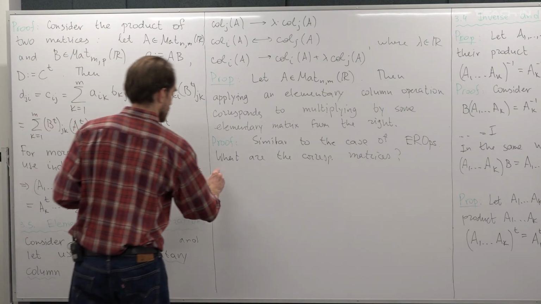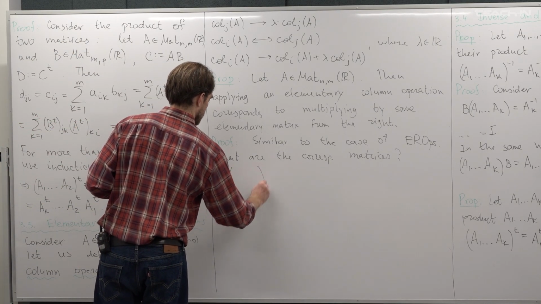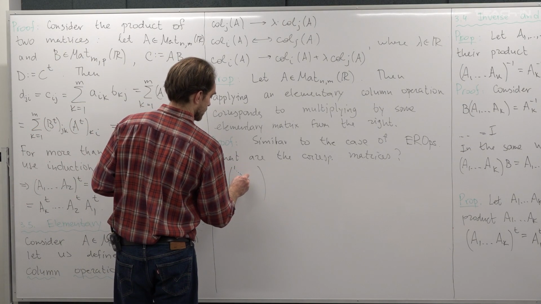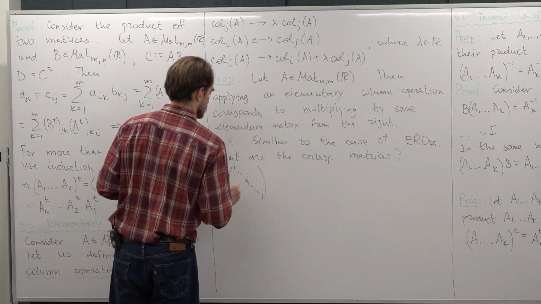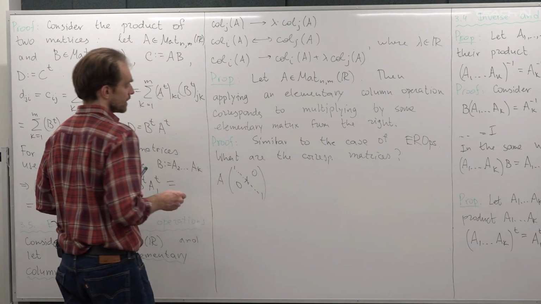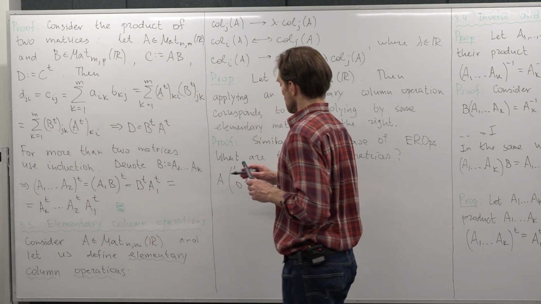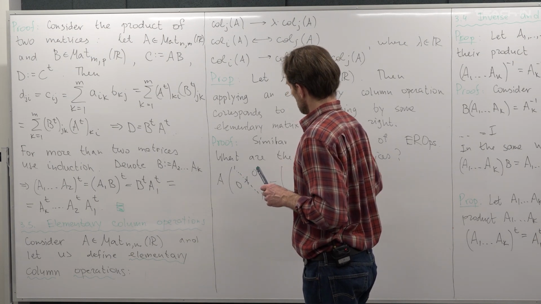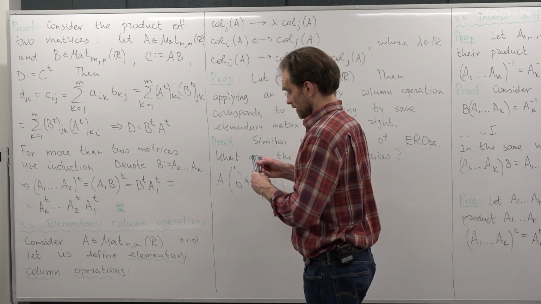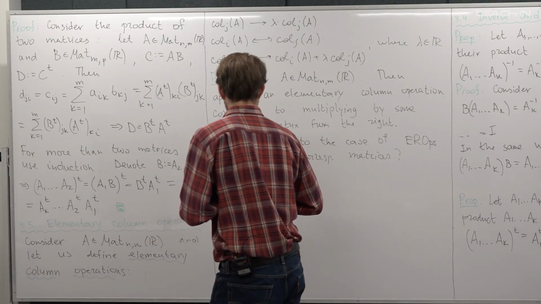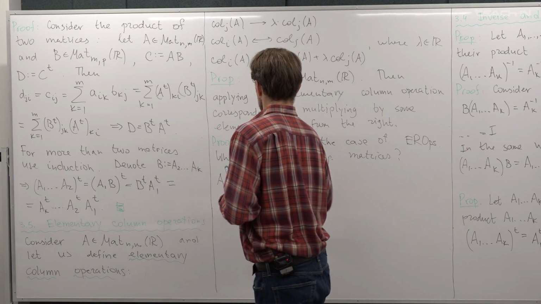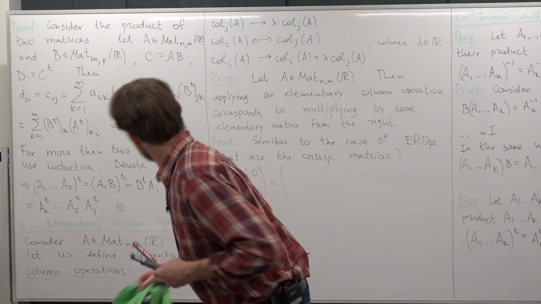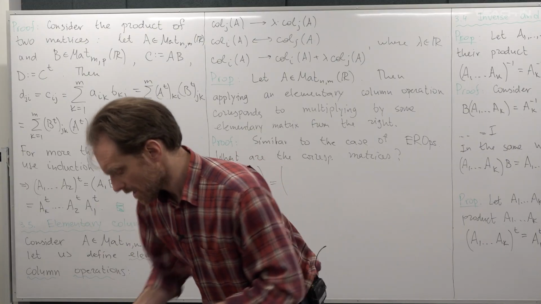We take a matrix, and we multiply it by a matrix where we have 1 on the principal diagonal everywhere except for one place where we have lambda, so obviously this multiplies the jth column.